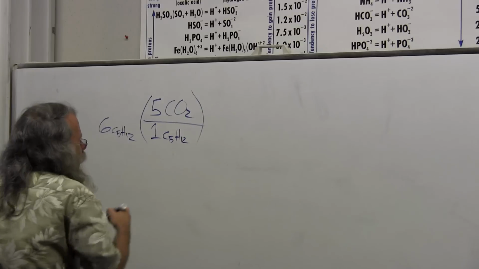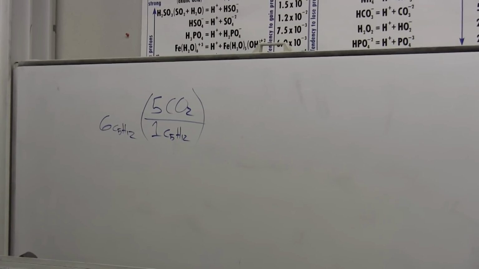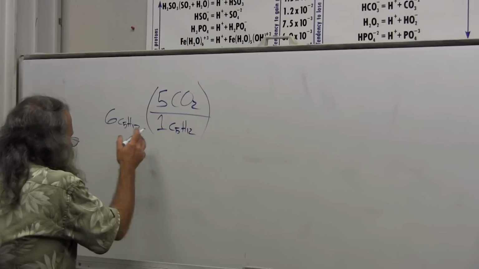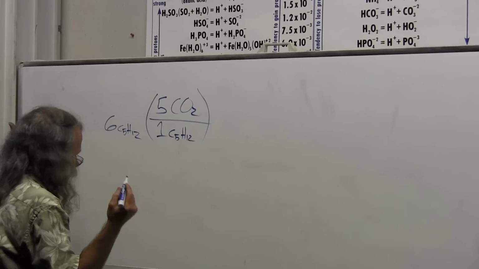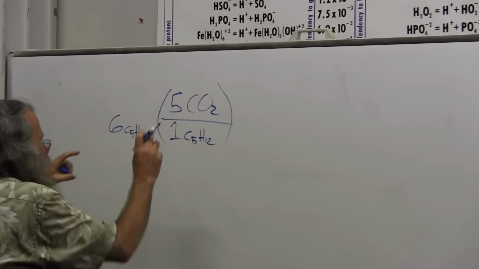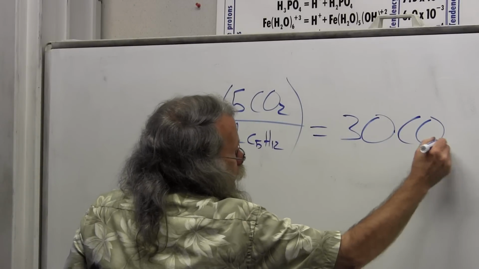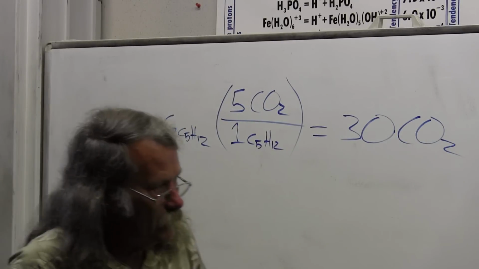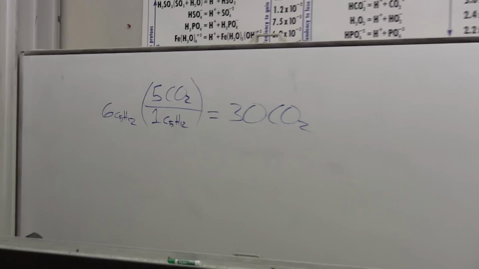So there are 5 carbon dioxides for every 1 pentane. The units work out nicely, it's dimensional analysis, just one more application of it. 6 times 5 equals 30 CO2s. So, indeed, this problem 42 is true.